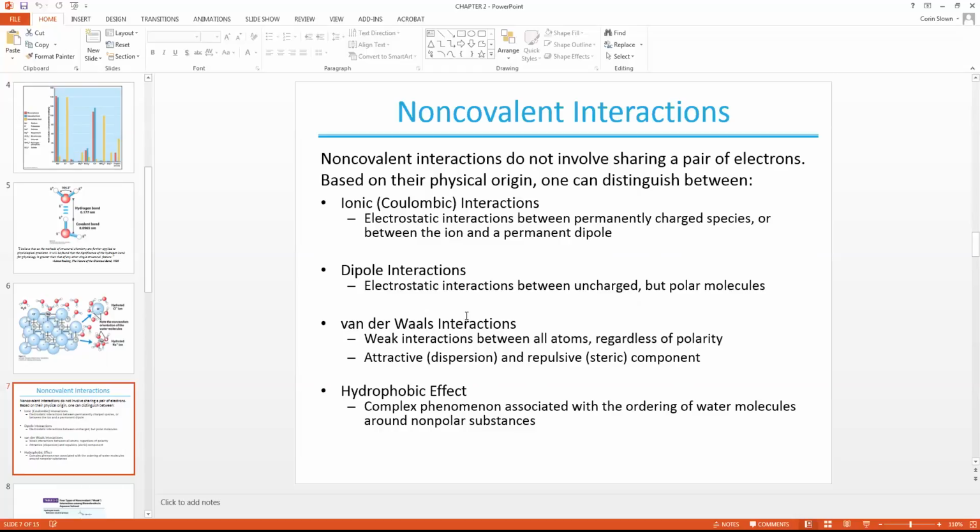So if you think about this attractive, so an induced dipole interaction that occurs over a relatively short range, as opposed to, say, for example, the van der Waals interactions, which are incredibly weak and require incredibly short distances to have effect. So these can be attractive or repulsive, but really only r to the -6, r to the -12th as a distance. And then we're going to look at the hydrophobic effect. And this is a phenomenon that really has to do with the way that water molecules order around nonpolar substances.